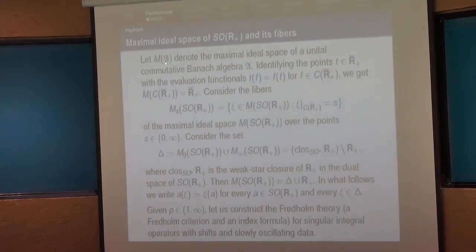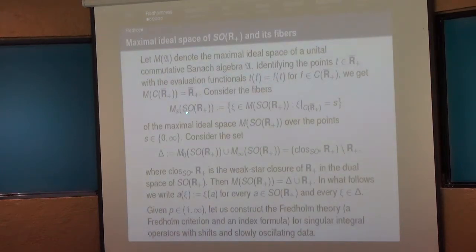Let M(A) denote the maximal ideal space of a unital commutative Banach algebra A. Identify the point t of such two-point compactification of R+ with evaluation functionals. So we take the value of a at point t. For all f continuous on such set, we get that the maximal ideal space of this algebra is identified with the compactification of the positive half line.